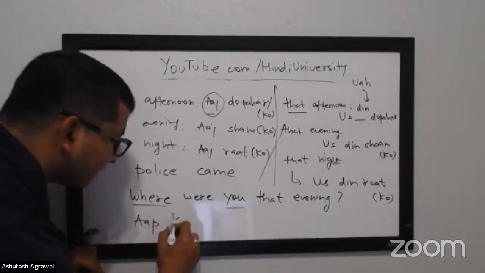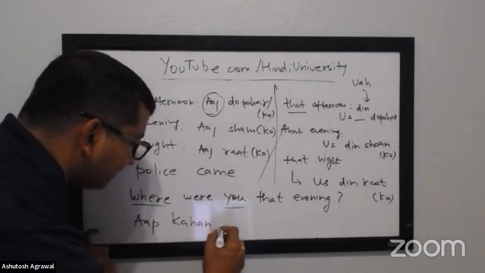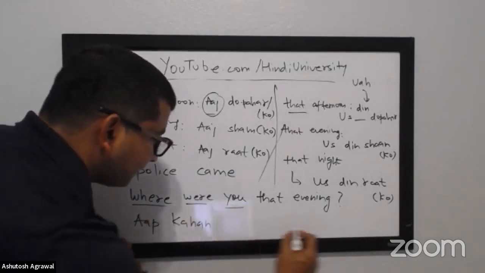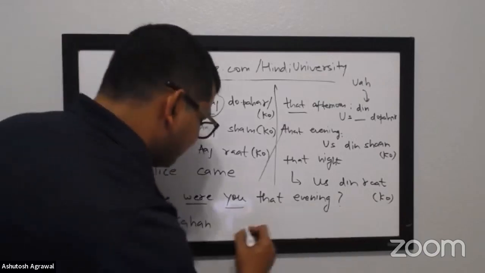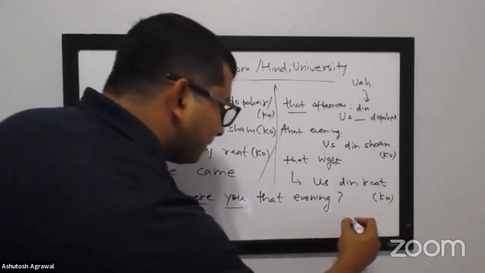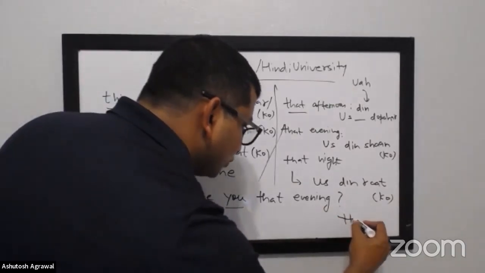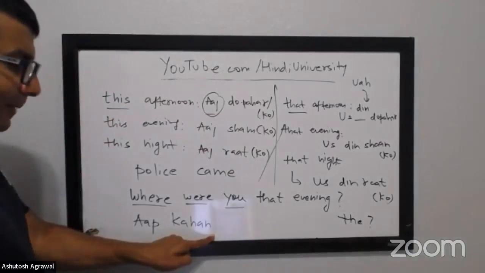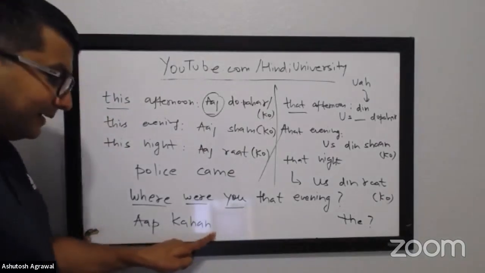आप कहाँ, आप कहाँ उस दिन शाम को थे. Very good. If it was simply where were you, you would say आप कहाँ थे और आप कहाँ थी, right?